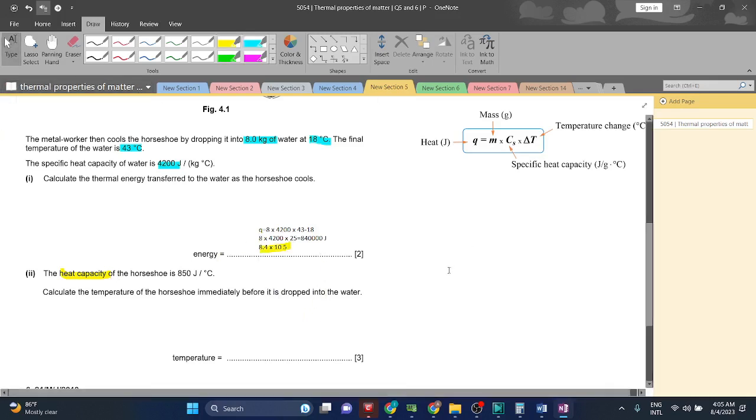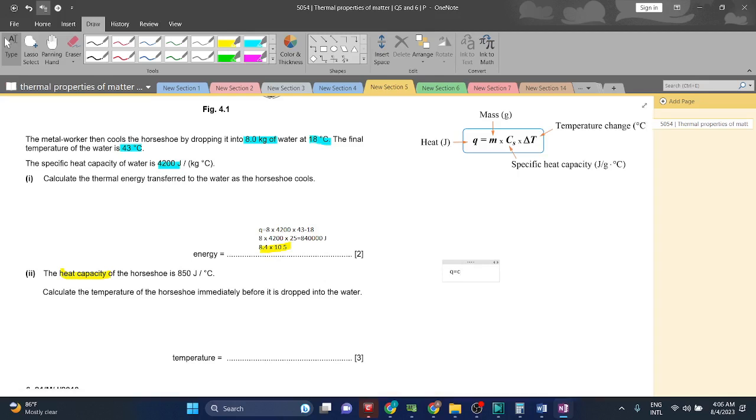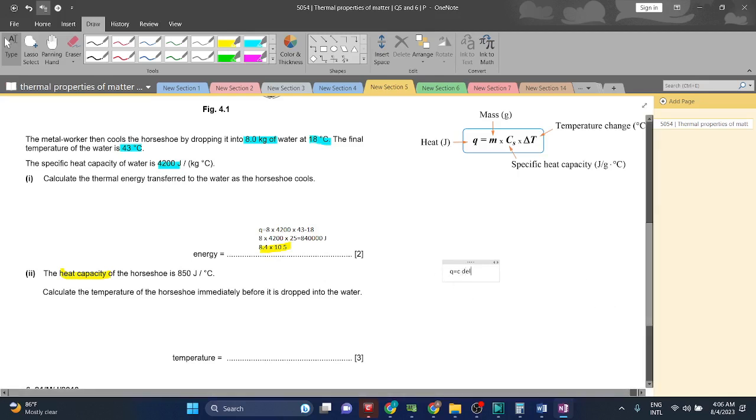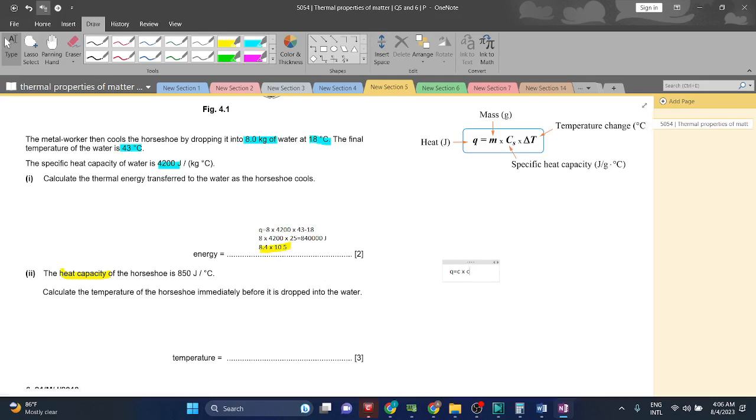So we have to apply the simple formula of Q is equals to C delta T. Delta T will be the change in temperature. तो हम सीधा लिख देते हैं change in temperature. हमारे पास है Q which is 840,000, and we also have the heat capacity which is 850 into T, or change in temperature.